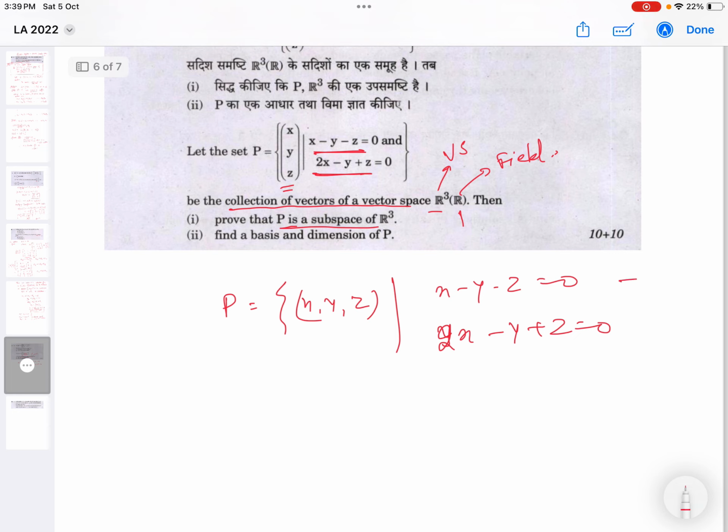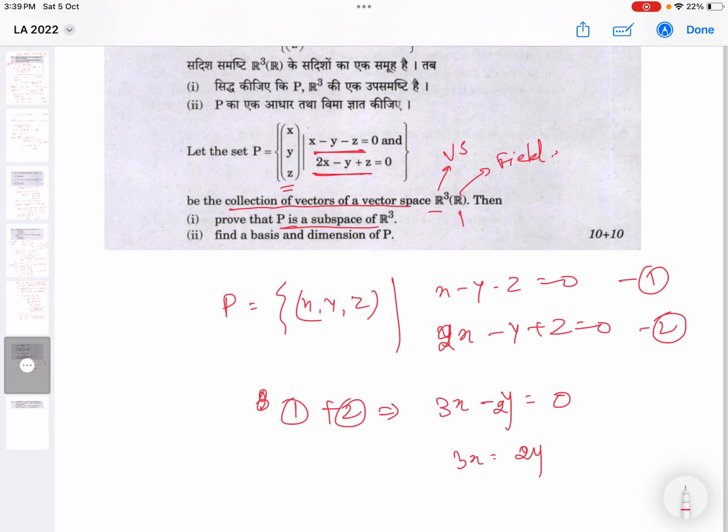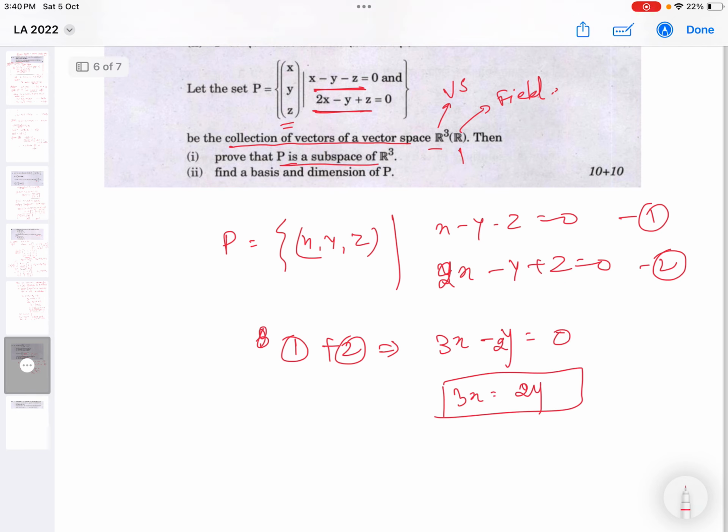So what we can do, say it is 1, say it is 2. If we add 1 plus 2 it will become 3x minus 2y is equals to 0. So 3x equals to 2y. So we can substitute it anywhere.